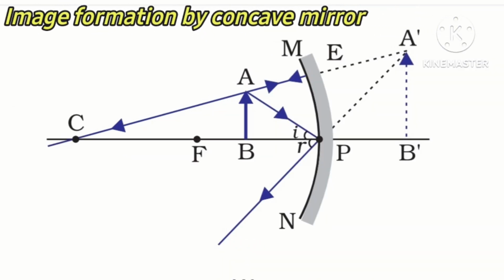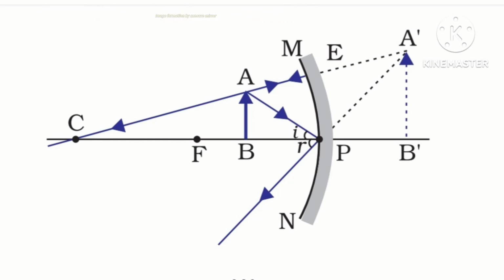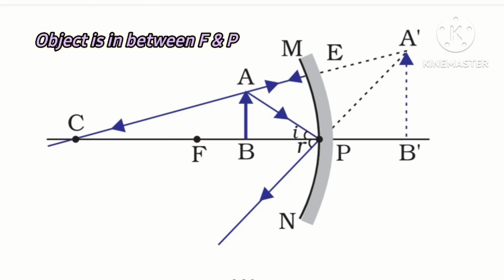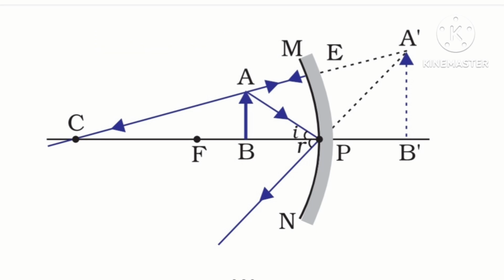Image formation by the concave mirror. In that, ray diagram number 6, that is, object is in between pole and focus. To get the image in this case, we need to consider two rays. First ray which I am considering is a ray incident obliquely at pole point. We know the ray reflects back obliquely from the pole point.